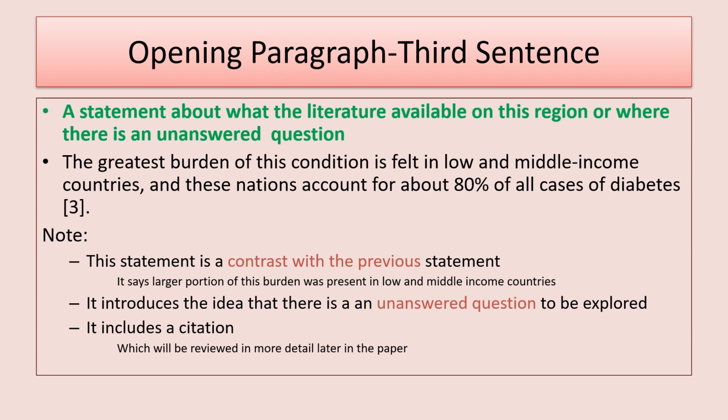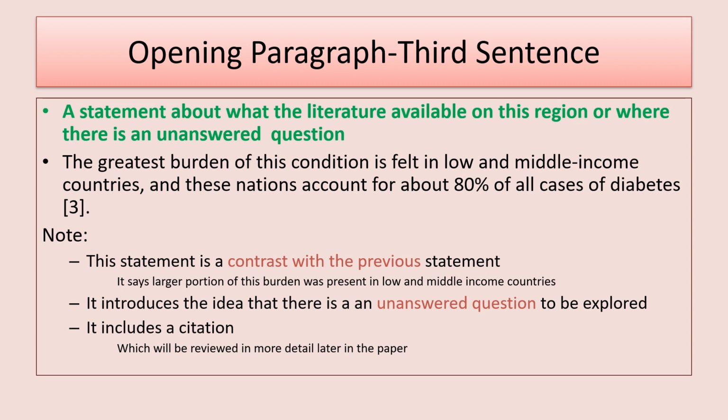It includes a citation which you will review in more detail later in the introduction. The third statement of the opening paragraph, a statement about what the literature available on this region says or where there is an unanswered question. The greatest burden of this condition is felt in low and middle income countries, and these nations account for about 80% of the cases of diabetes.